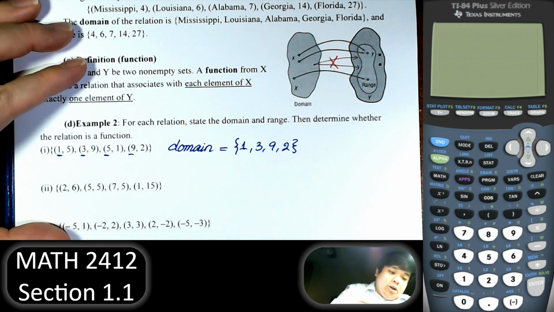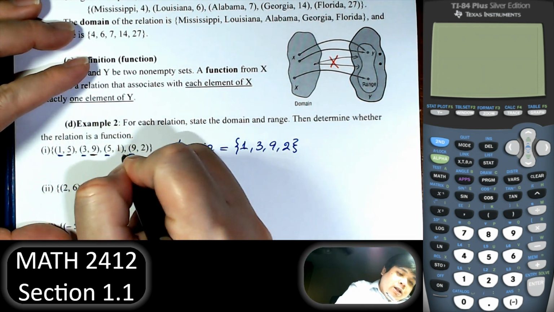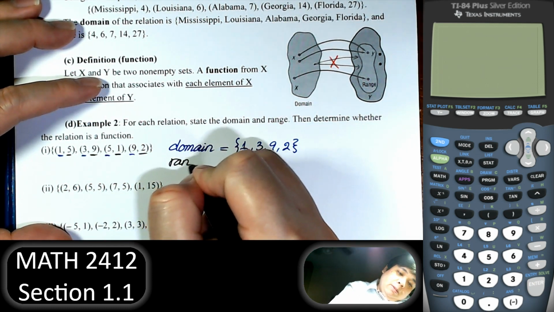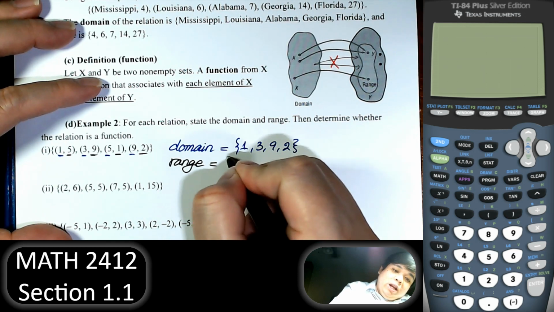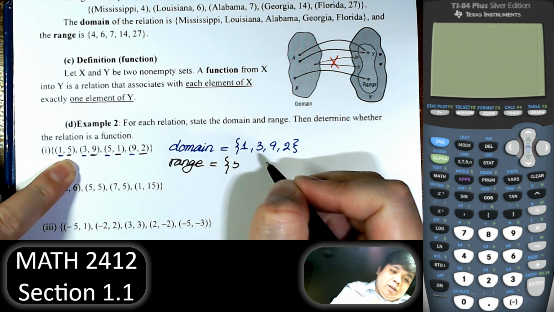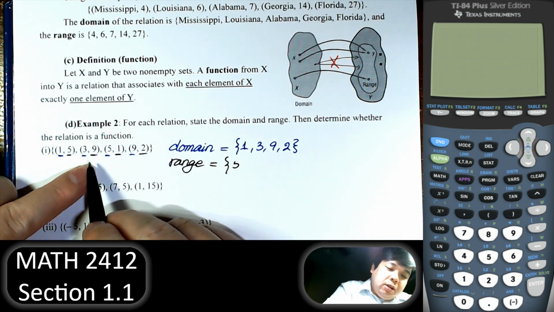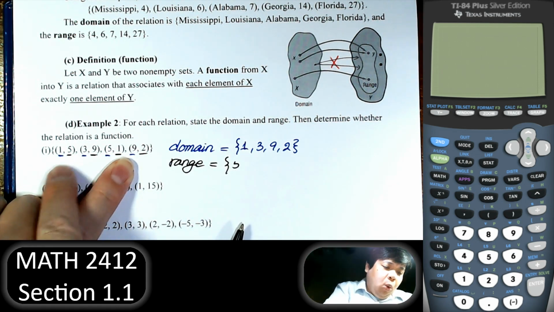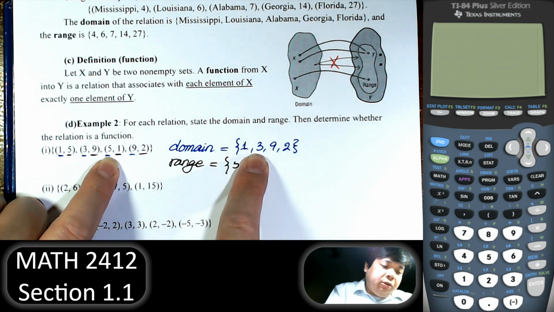And then the range is the set of all the second components, and we only list each once.